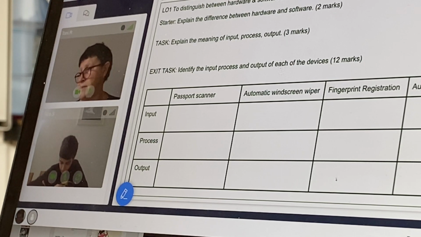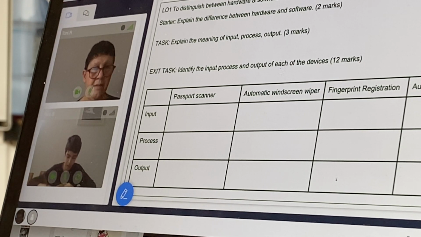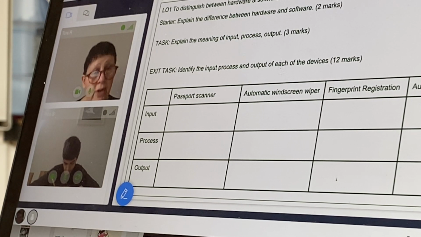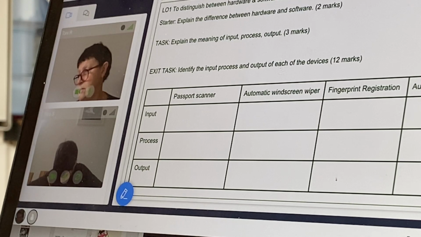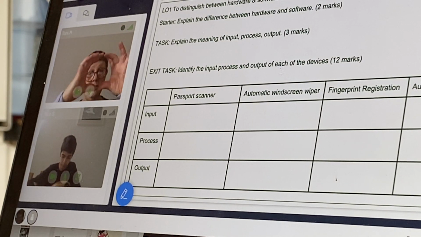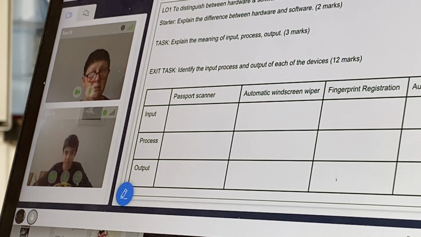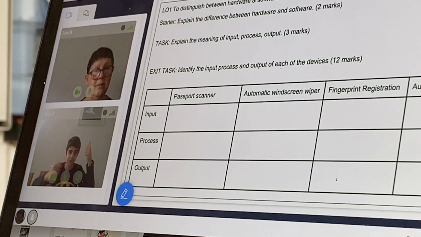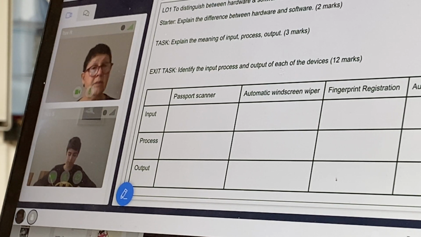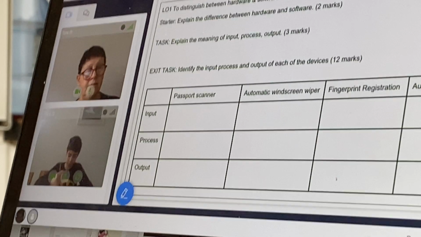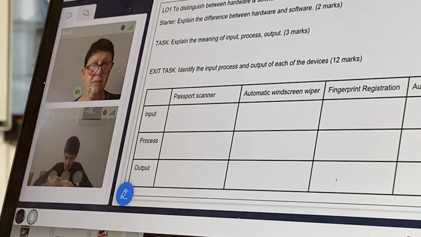What's the process? Checks the code with its database. Yes. And what's the output? The output displays.